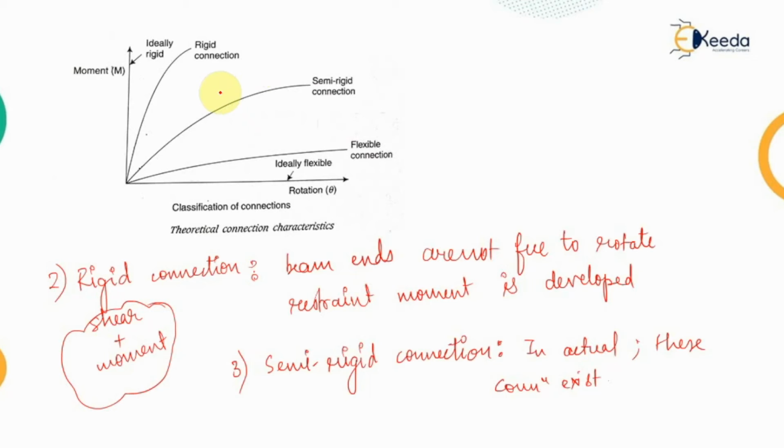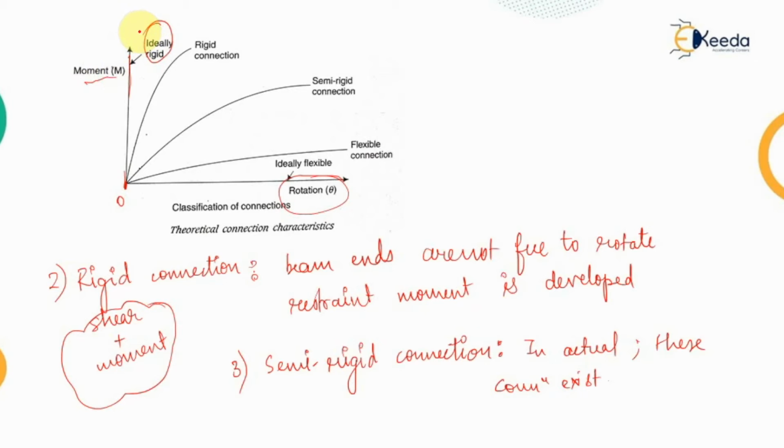So as you can see from the theoretical connection characteristic curve, corresponding to the ideally rigid curve, there should never be any rotation allowed. That means this x-axis value should always be equal to 0. That's why this rotation is not there. That means the curve is along the y-axis only, that is along the moment.